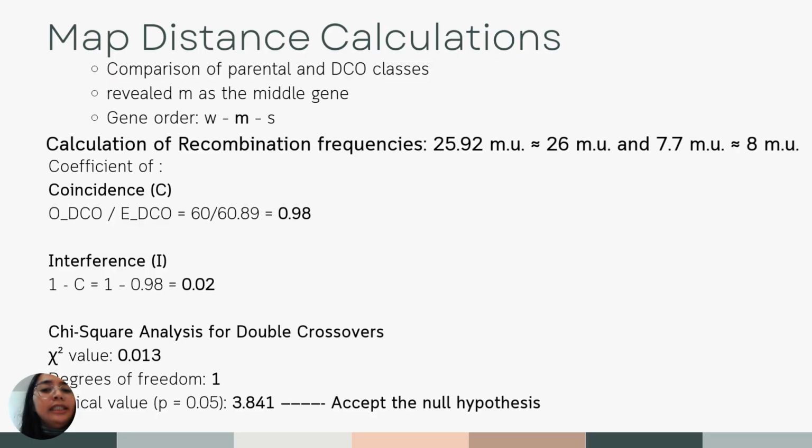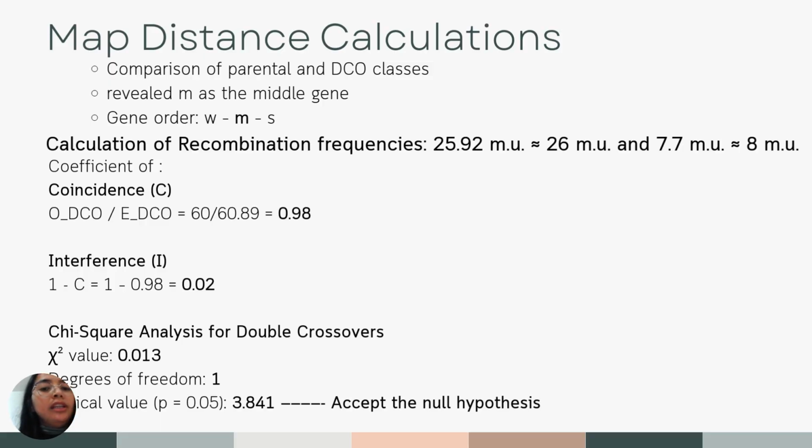To analyze interference, the expected number of double crossovers was calculated from the product of the two single crossover frequencies, and the coefficient of coincidence was calculated as the observed number of double crossovers divided by the expected number, giving a value of 0.98.